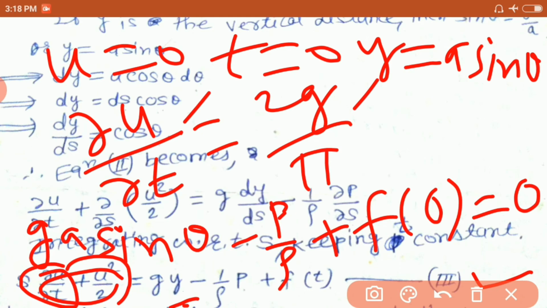So ga sin theta minus p by rho plus f of 0 is equal to 0.